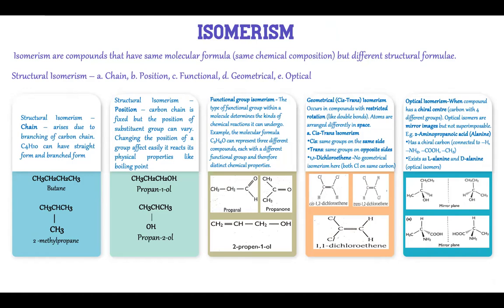An example given here is aminopropionic acid, which has a chiral carbon connected to H, NH2, COOH and CH3. So there exist L-alanine and D-alanine, optical isomers. So these are the examples shown for optical isomerism.